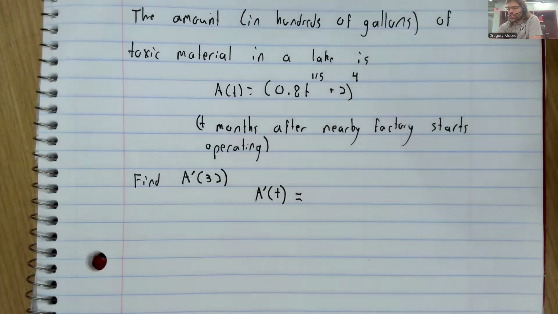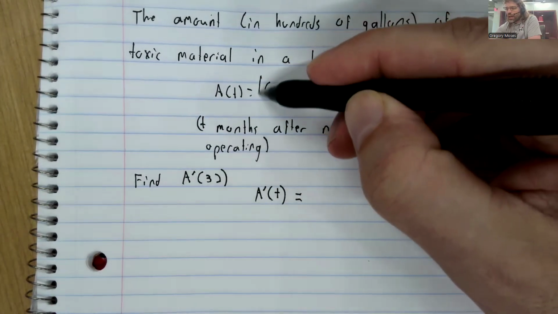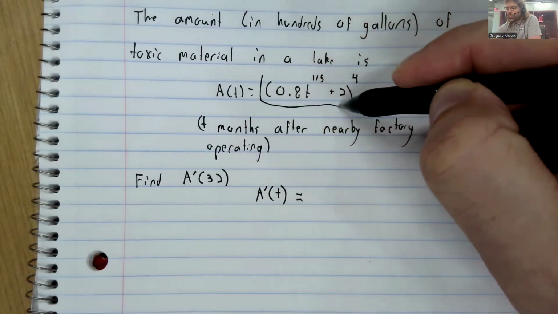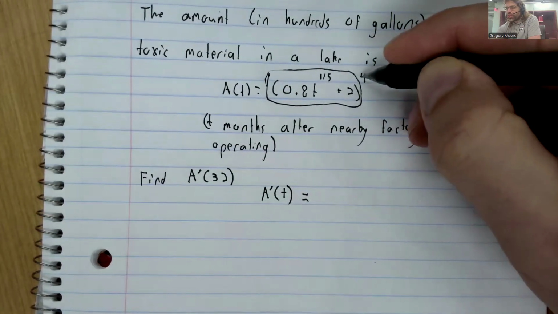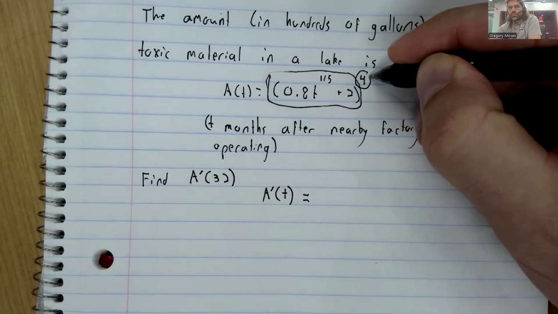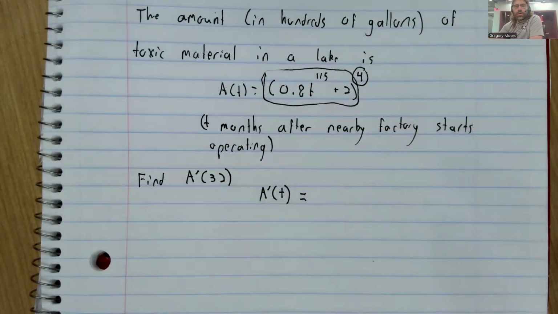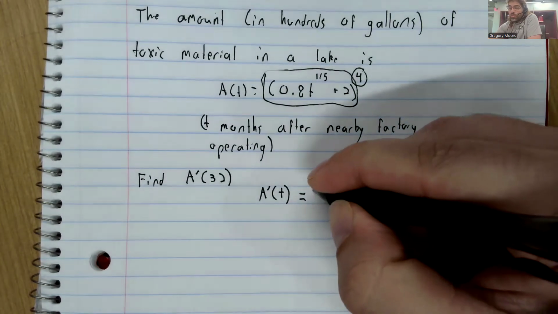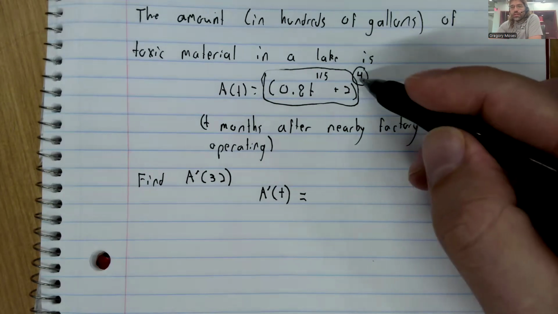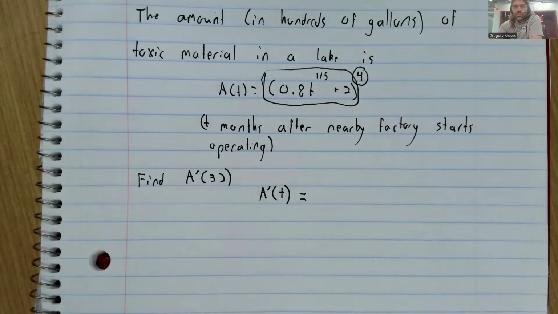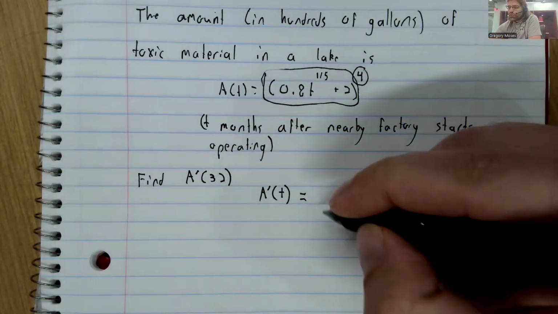So this is the generalized power rule because we've got a function raised to a power. And what this rule says is you use the power rule as you normally would. You take this 4 down, you reduce it by 1, it becomes 3.